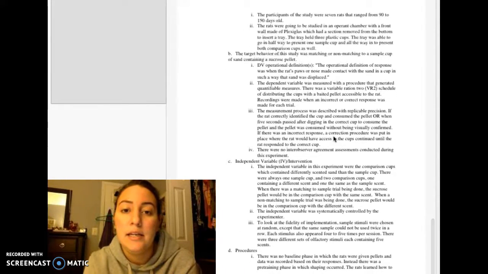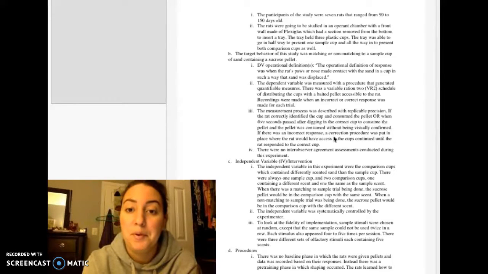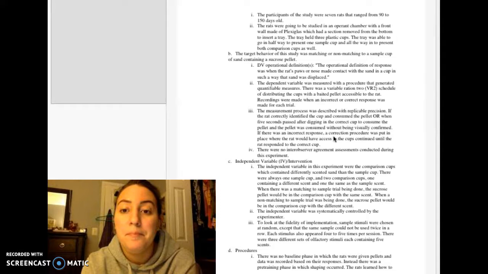So the targeted behavior of the study was to match or to non-match to a sample cup of sand containing a sucrose pellet. The operational definition that they provided for that was any response where the rat's paw or nose made contact with the sand in a cup in such a way that the sand was displaced.